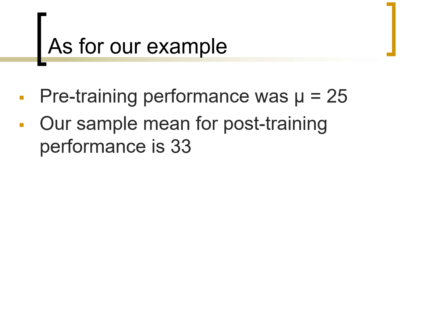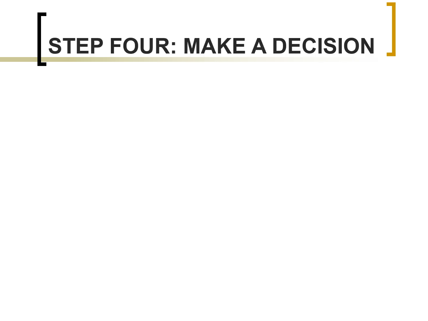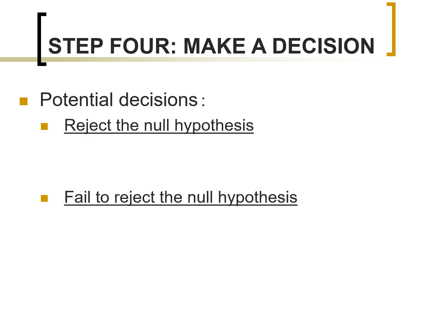Is that difference meaningful? Is it significantly different? And now we have the standard error of 3. So what do we do now? We have two potential decisions. We either reject the null or we fail to reject the null.